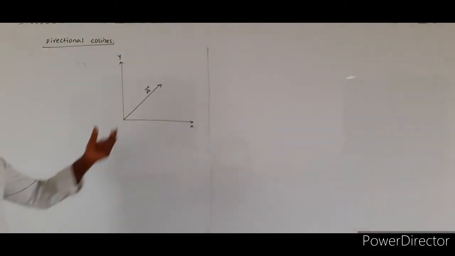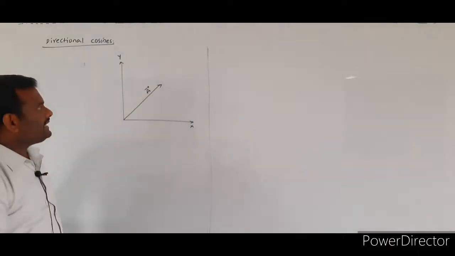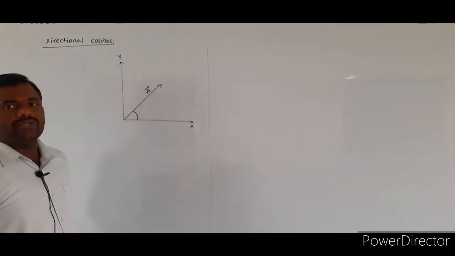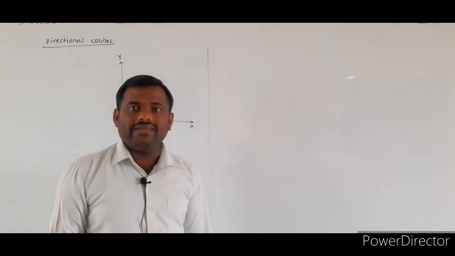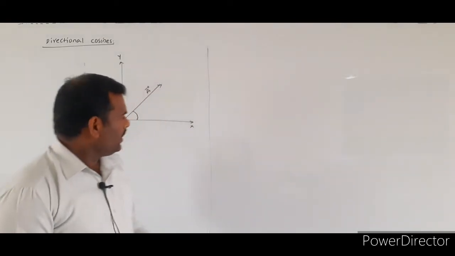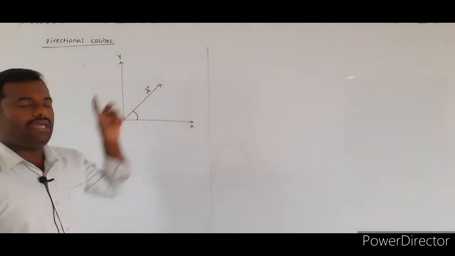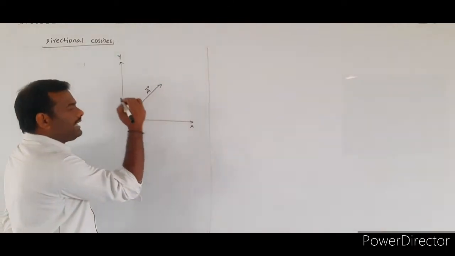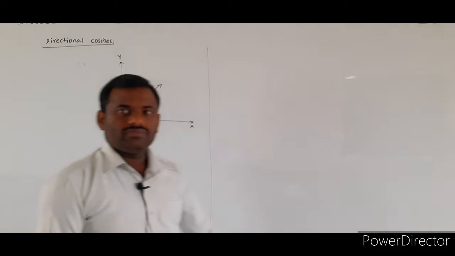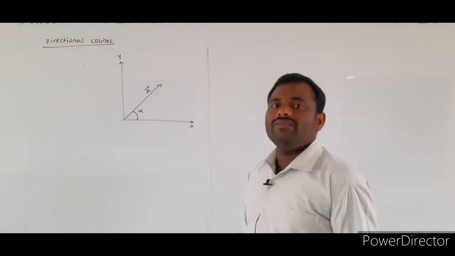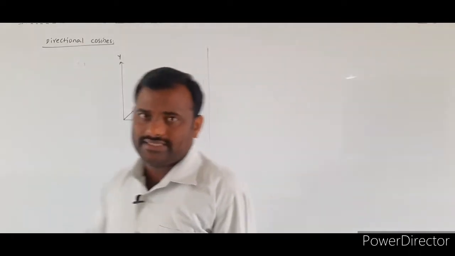If we observe the given vector a bar, this vector is making a certain angle with respect to the x-axis. Here I assume that the given vector a bar is making angle alpha with respect to the x-axis.